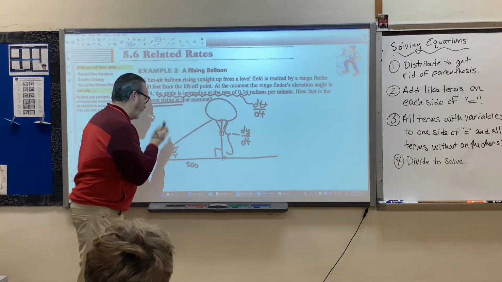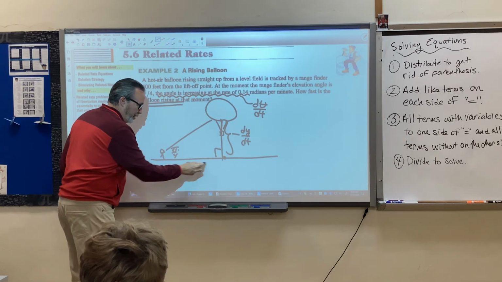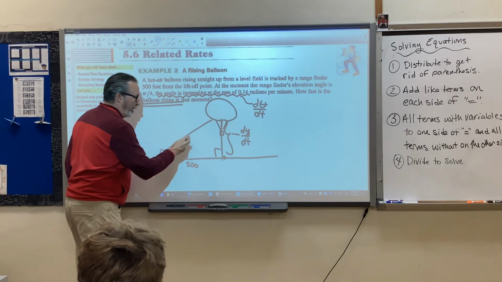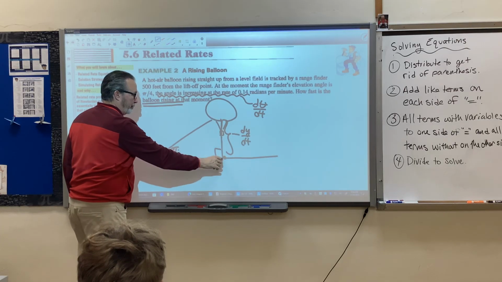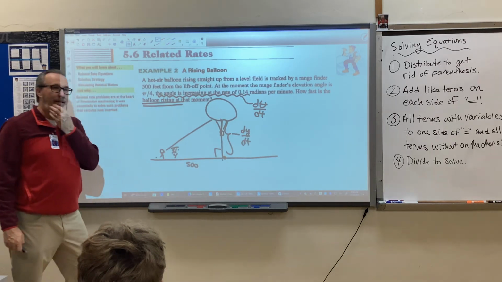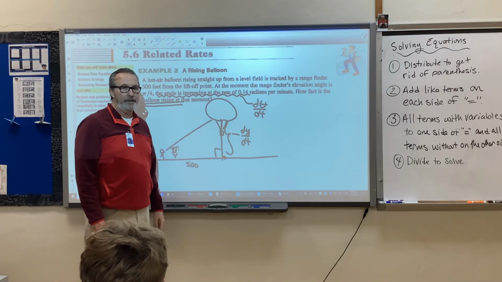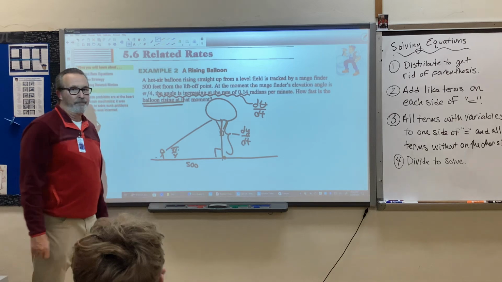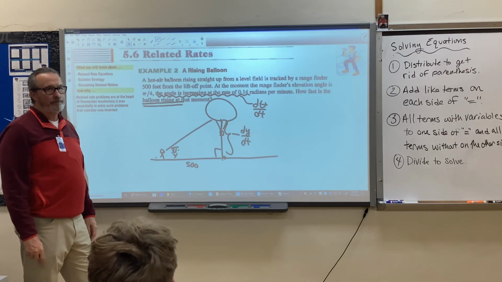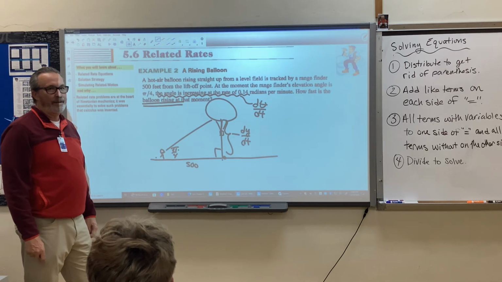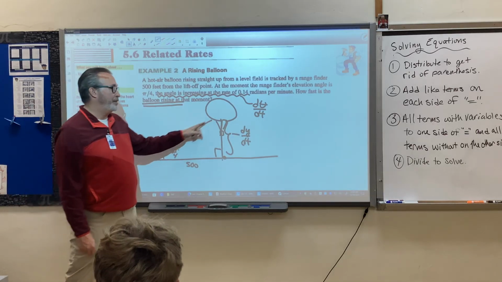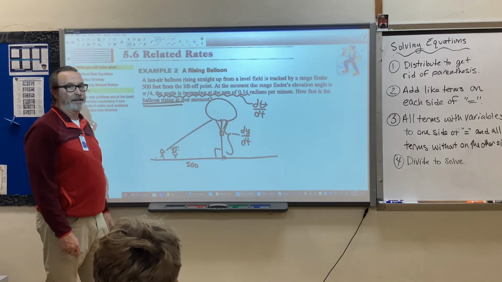And we need to relate this angle, this distance that we have, and this side. Can you think of anything on a triangle that relates an adjacent side and the opposite side? Cosine uses hypotenuse with sine, right? So tangent.